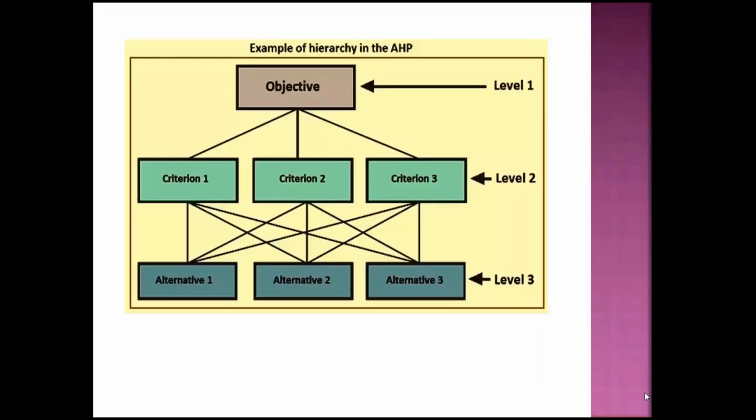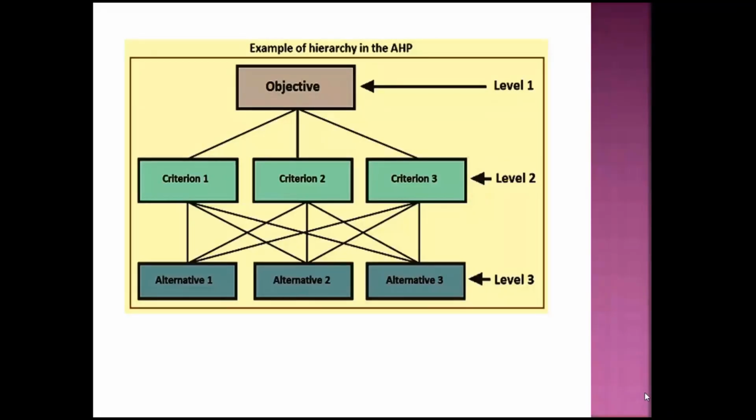Here I show the first step in which we set the criteria and sub-criteria. You can see there is level 1 in which we set our objective. For example, I will show today how driver behavior criteria affect road safety, and this is our objective: how we can categorize which criterion is the most important factor affecting road safety.